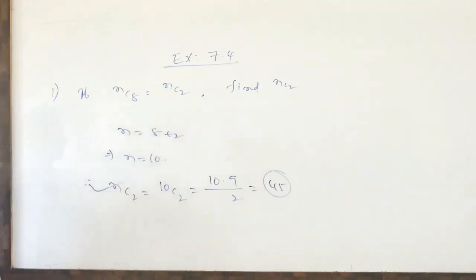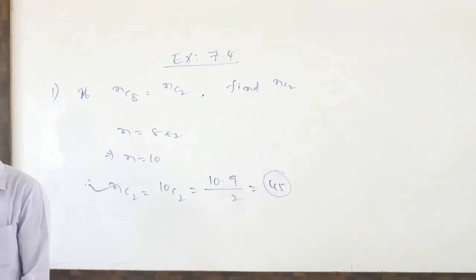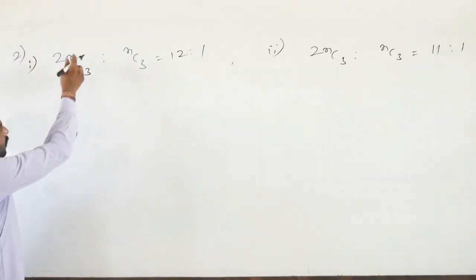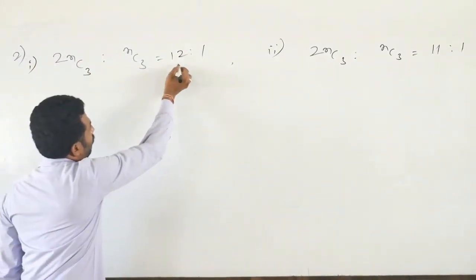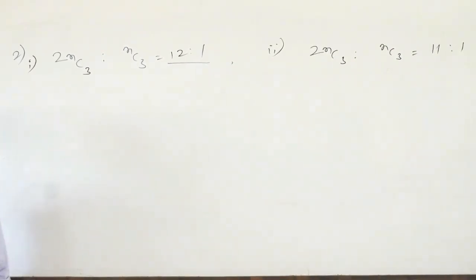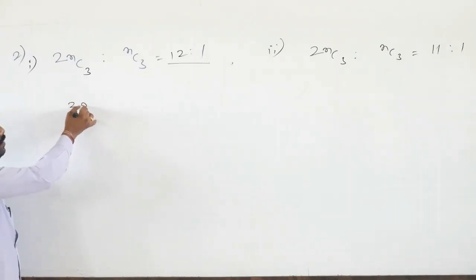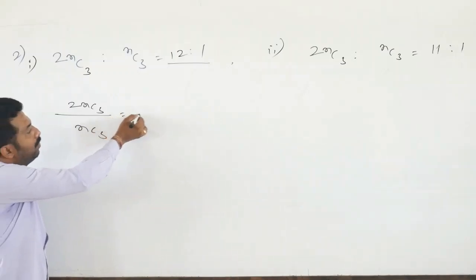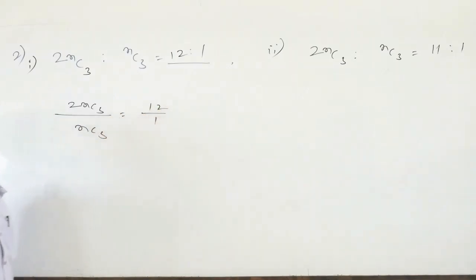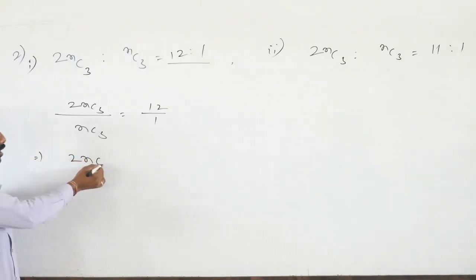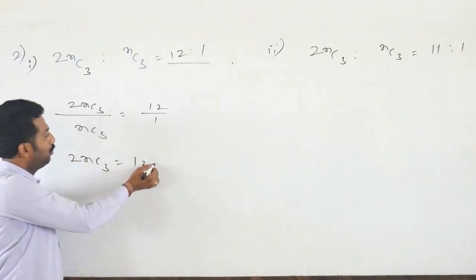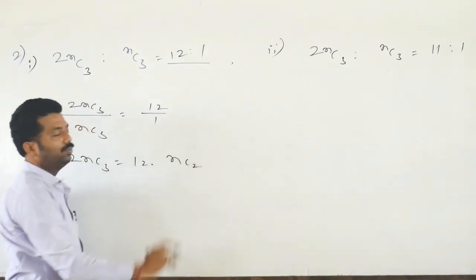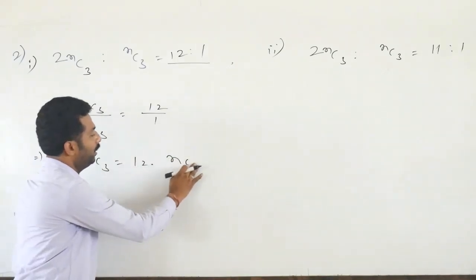Next. If 2nC3 to nC3 is in the ratio 12 to 1, then we have to calculate the value of n. See here: 2nC3 divided by nC3 equal to 12 by 1. Just cross multiply: 2nC3 equal to 12 into nC3.